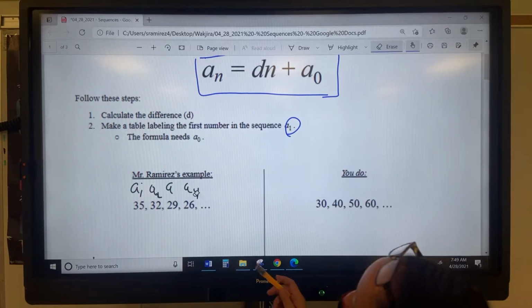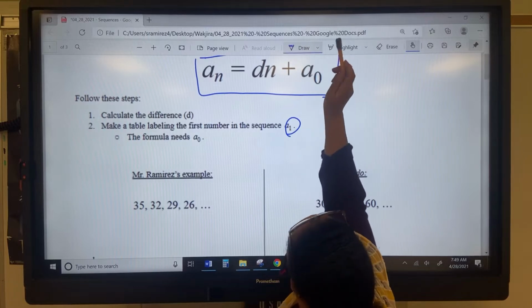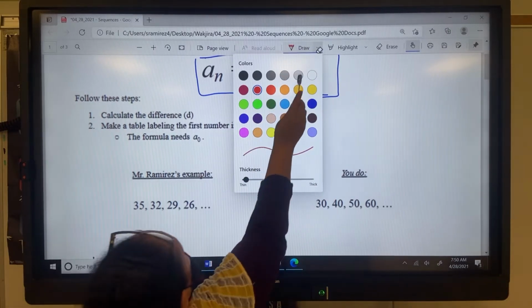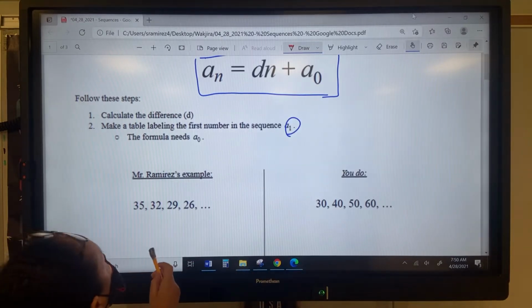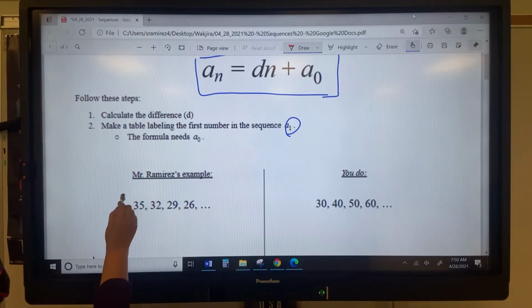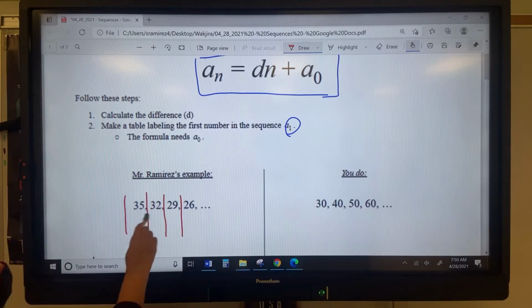Okay, now in order for us to find it, first we have to make a table and label each of them.